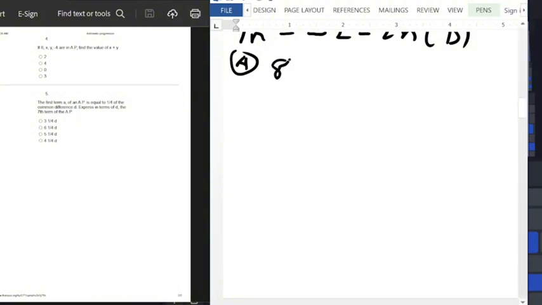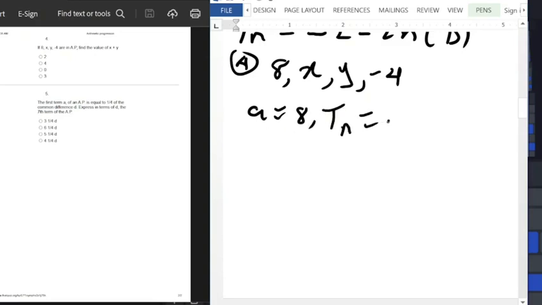So the first thing is to look for the value of x. To get it, the first term is given as 8, and the last term is given as minus 4. Then the number of terms is given as what? 4, because we have 4 terms there.